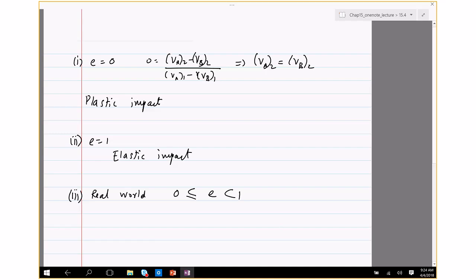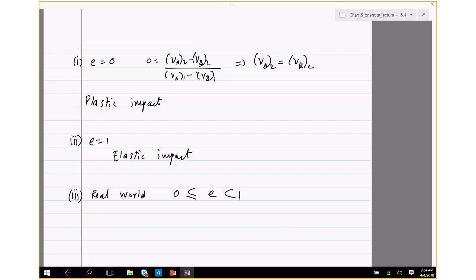In the real world, you will usually see E between 0 and 1. It can be 0, where the ball sticks to the ground, or less than 1. It will never be greater than 1.